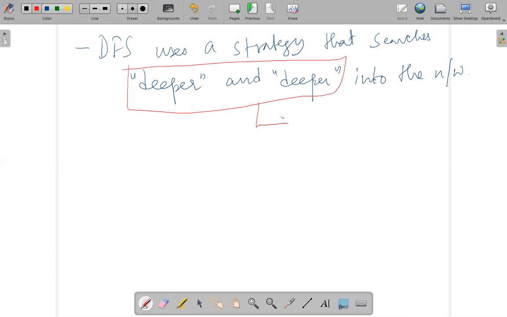So this is where it derives its name from, depth first.